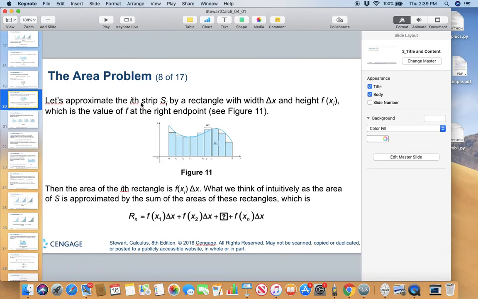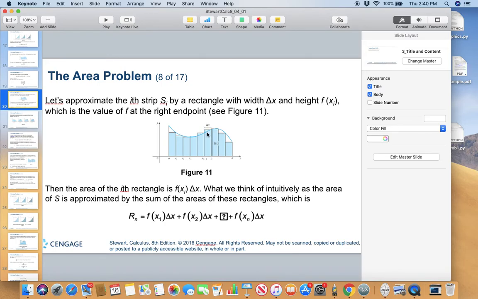Let's approximate the ith strip. Somewhere here is the ith strip. Approximate it by a rectangle whose width is delta x and height is f(xi). I'm using the right-hand point. So that's the rectangle. Notice it's taking a little more here.